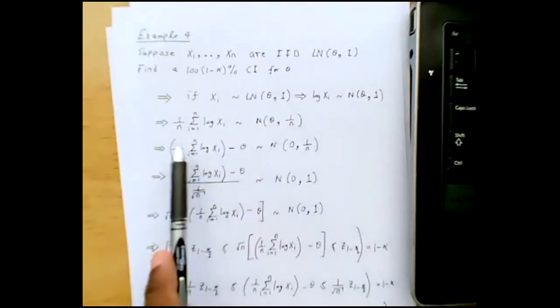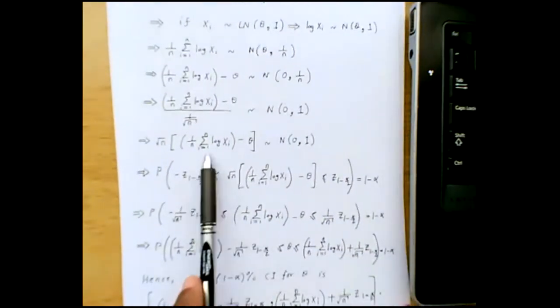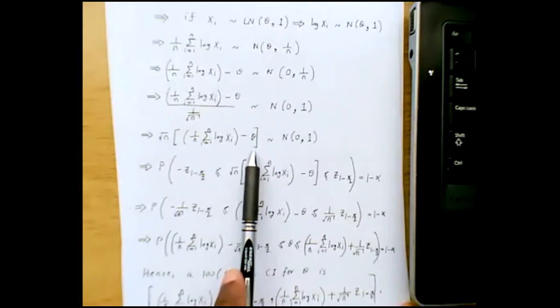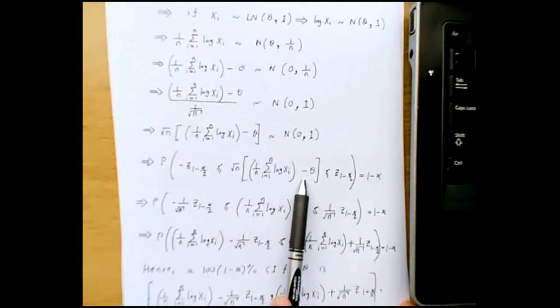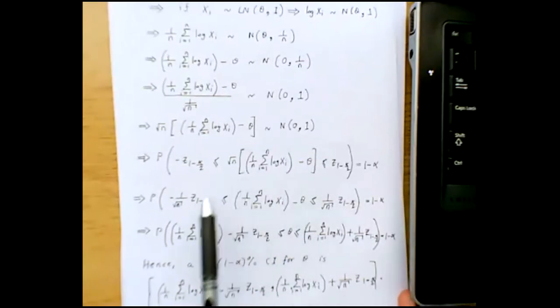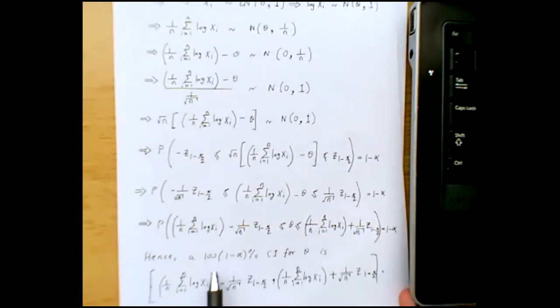So it follows from this that this is the case, and until you get to this. And it follows from this that this must be true. And if you rearrange this statement as a statement on theta, you will get to this, and hence a confidence interval for theta is this one.